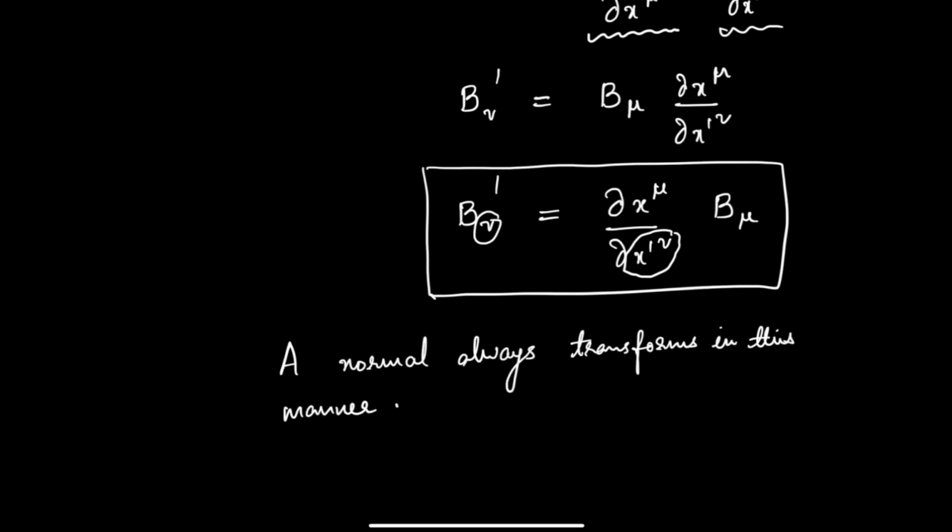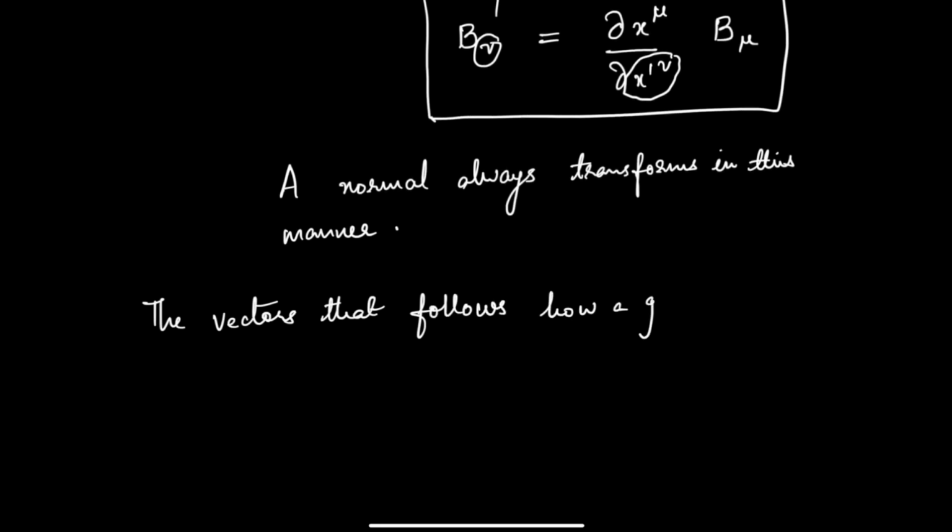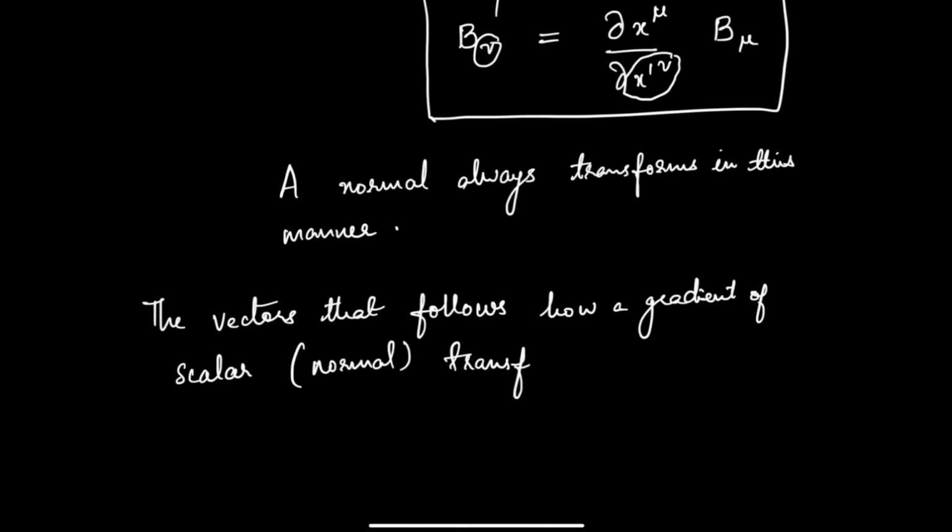And the vectors that follow this transformation are called covariant vectors. The vectors that follow how a gradient of a scalar, that is normal, transforms are called covariant.